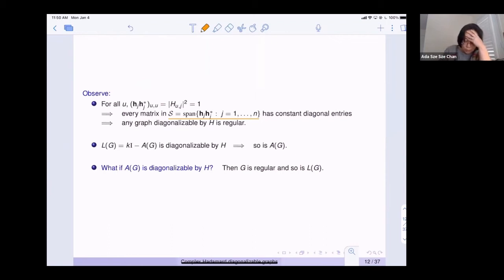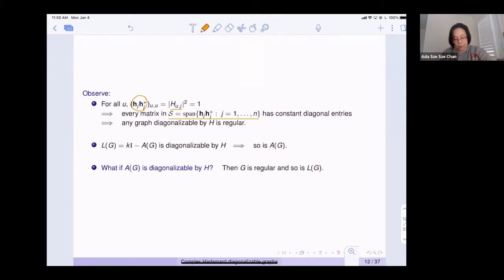So basically I'm looking at the u entry of H_j multiplied by the conjugate of the same number itself, so I'm really looking at the (u,j) entry of my original matrix, and I take the absolute value squared. Now, because H is a complex Hadamard matrix, each entry has absolute value 1. So the matrix H_k H_k conjugate transpose, if you look at the diagonal, will have all ones. So it's constant diagonal.